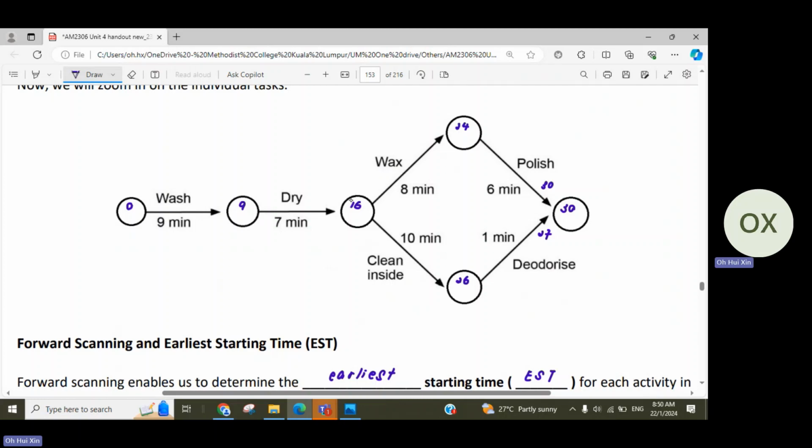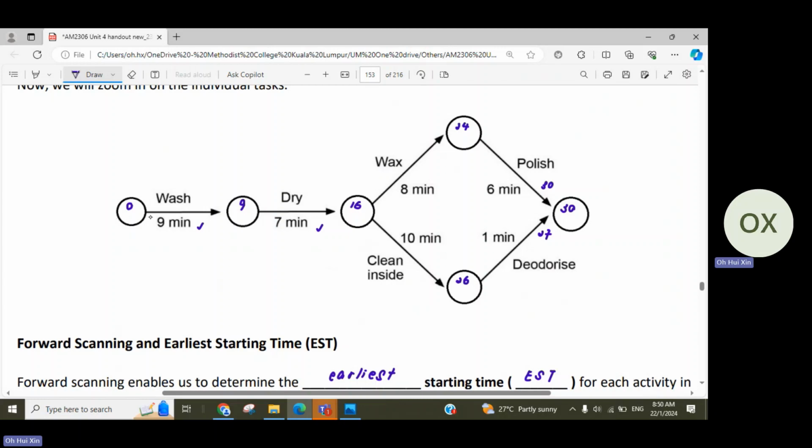Okay, so that's the earliest time that you are able to start a particular activity, which is basically what you have done just now. Why are we calling it forward scanning? Because you are looking from the starting until the ending, so you are moving forward.